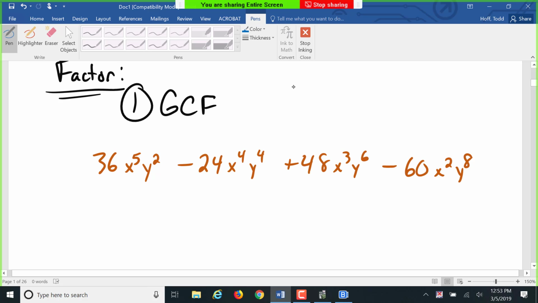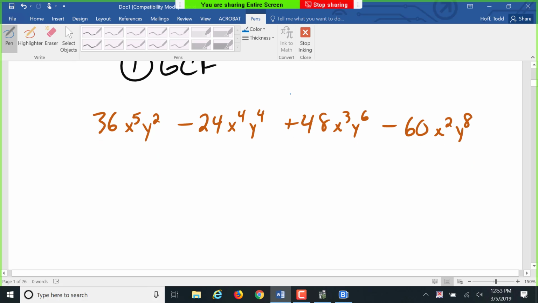Now it's a little bit more difficult because we have more terms, but it's still looking at what is the greatest common factor for 36, 24, and 48, and 60. 12 should work. How about x for the x's here? X squared.